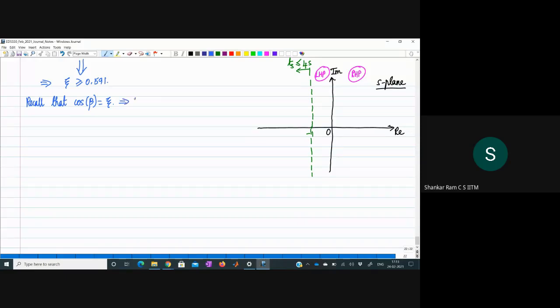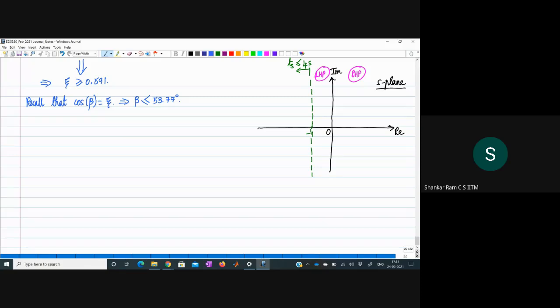Now, if zeta has to be greater than or equal to 0.591, we will get beta to be less than or equal to cos inverse of 0.591. Cos inverse of 0.591 is 53.77 degrees. Okay, how did we get 53.77? It is cos inverse of 0.591. Please note that cosine of theta decreases with increase in theta, right?